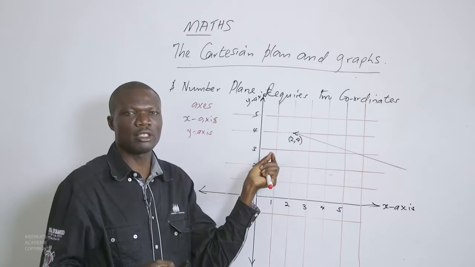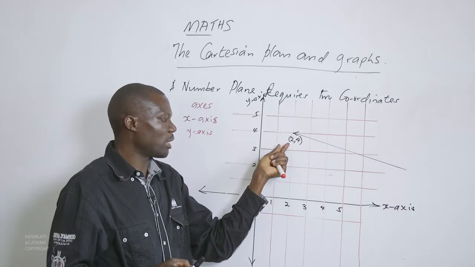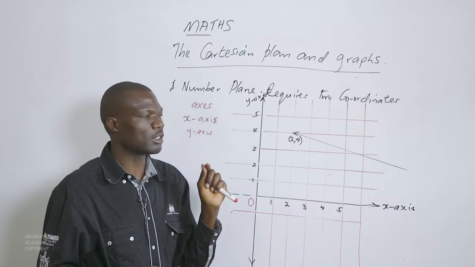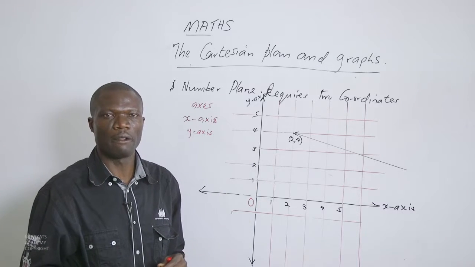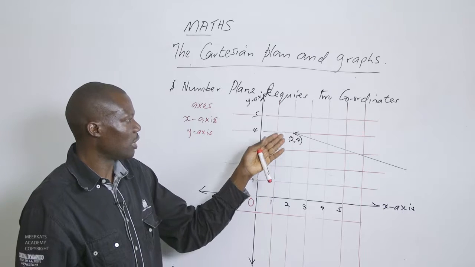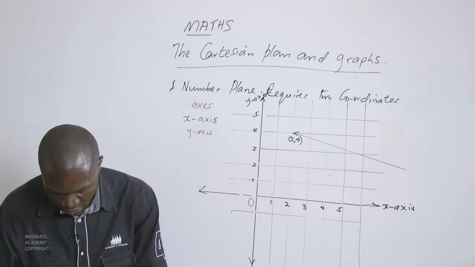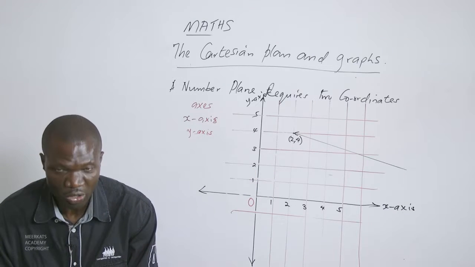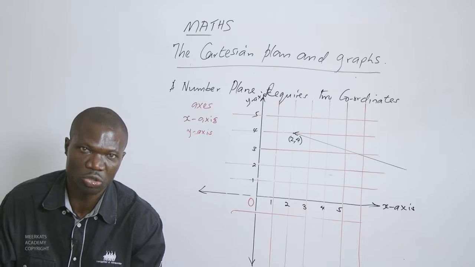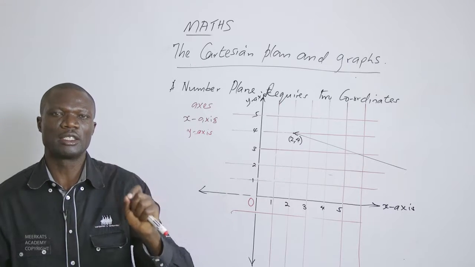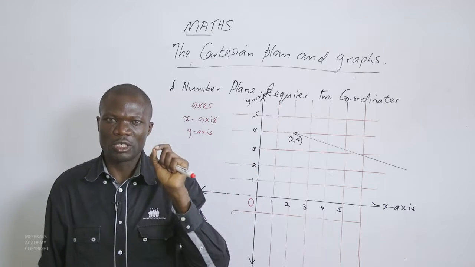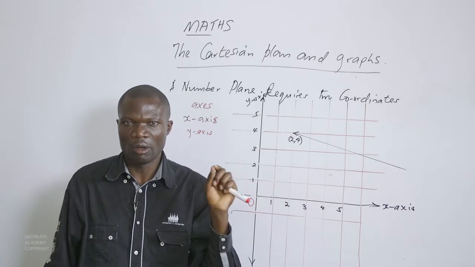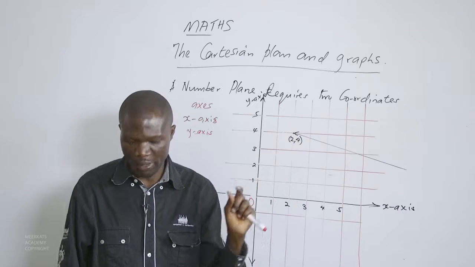That is, start with x, comma, y, where x is the value along the x-axis and y, in this case 4, is the value of y. A coordinate is simply the position of a point on a Cartesian plane or number plane.